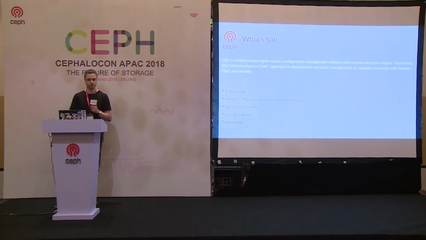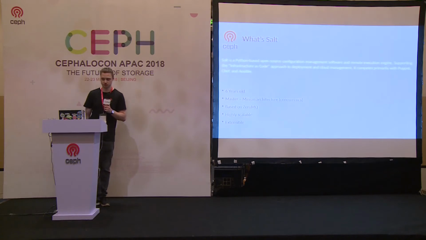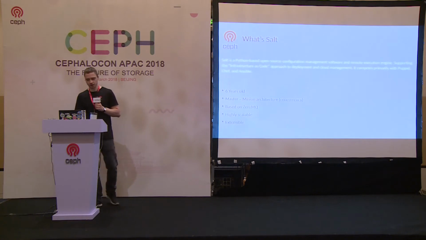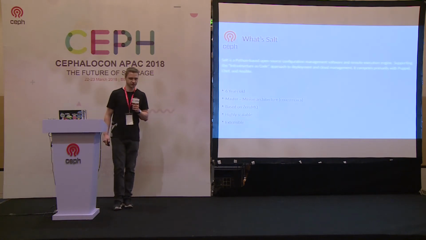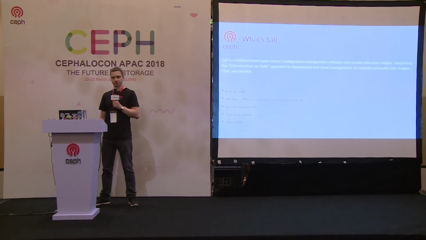You might not know Salt. Salt is an open source configuration management tool, which is also a remote execution engine. You can do the infrastructure as code approach. It generally competes with things like Ansible, Puppet, Chef.